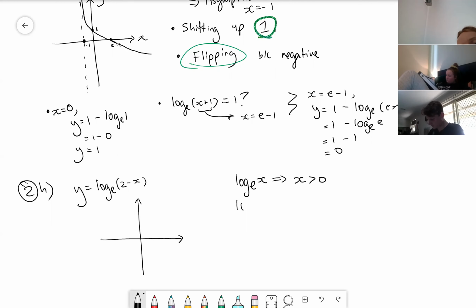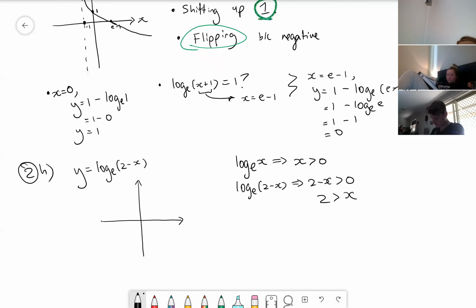So if it's log e to the 2 minus x, you know that 2 minus x has to be greater than 0. Then you can move the x to the other side, so you know that x is less than 2. What would the asymptote be then, do you think? X equals -2. Well, x has to be less than 2, not less than -2.